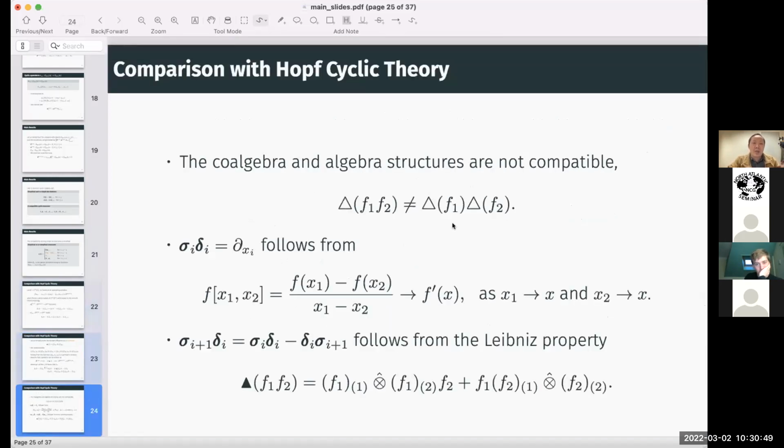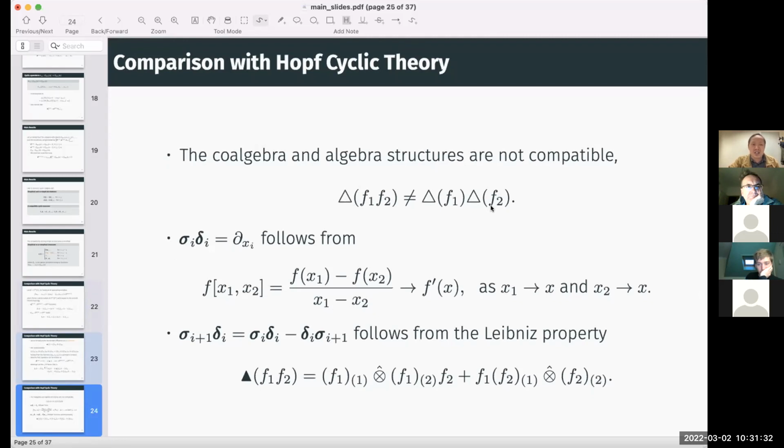So I think the main difference here is that we have a product and a coproduct, but they are not compatible in the usual sense of a Hopf algebra. When you take the limit of a divided difference, you get f prime instead of f. You don't get the identity; you get f prime, the derivative of f. And this formula is the following version of the Leibniz property of the divided difference.